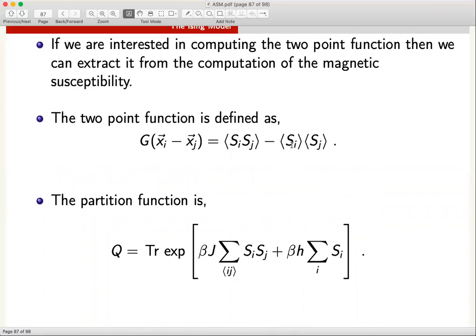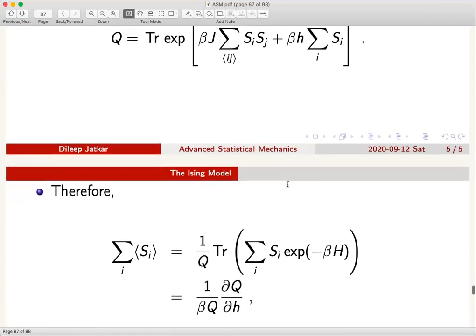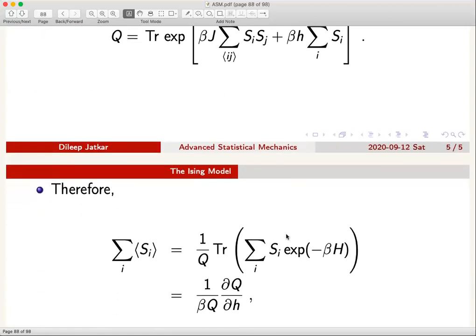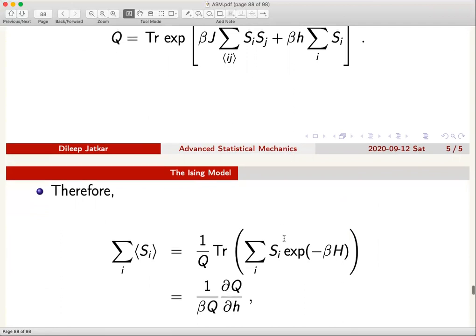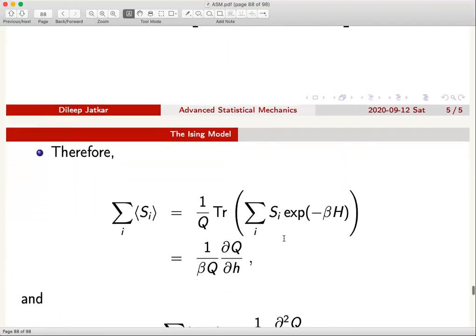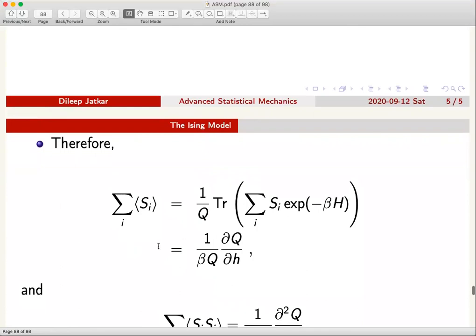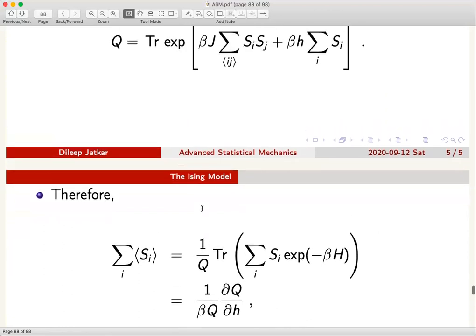They are the disconnected pieces. If you want to compute the average value of Si, what you could do is compute the average value of Si over the entire system by just differentiating the partition function by h.